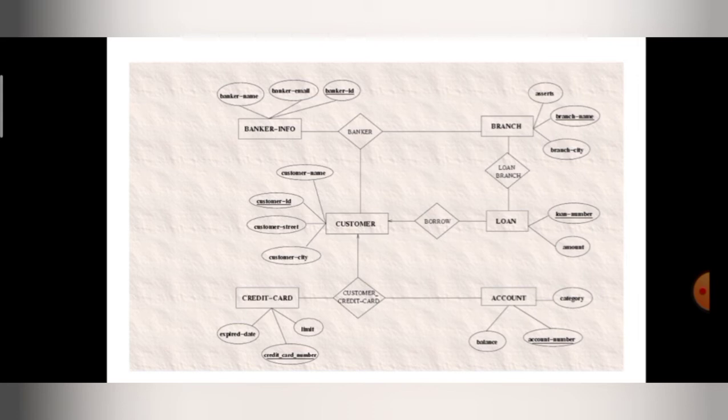Entity means what? It is a real world object. Branch is a real world object, loan is a real world object, account is a real world object. Banker information, credit card information. You can see each and every detail. The overall architecture is there in this conceptual schema.